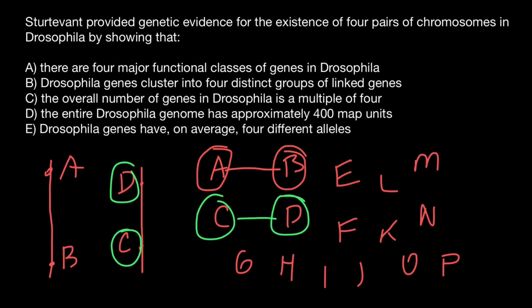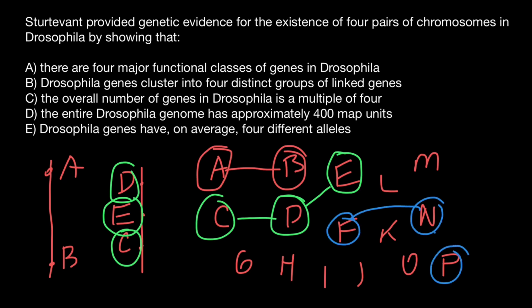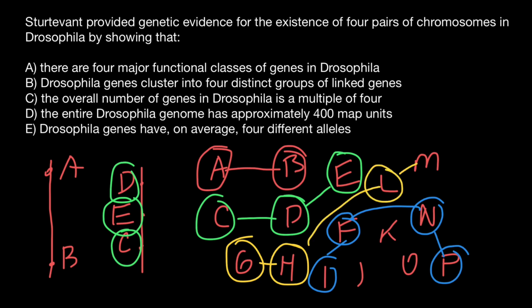And for example, if we have gene E here, we can also say that gene E would have a tendency to be inherited together along with genes D and C. So now we can connect all the genes in this group and say that these genes have a tendency to be inherited together. And once again, that means that these genes, which specify certain traits, have to be on the same chromosome.